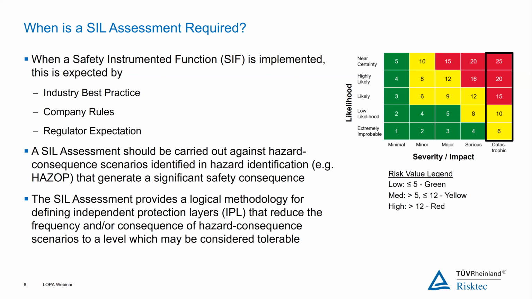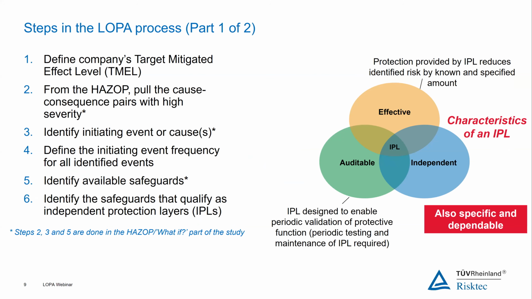When we're carrying out this SIL assessment against these hazardous consequence scenarios, what we're doing is providing a logical method for defining what the independent protection layers are that will either reduce the frequency of an event occurring or even remove it, or mitigate against the consequences that are generated from that event.